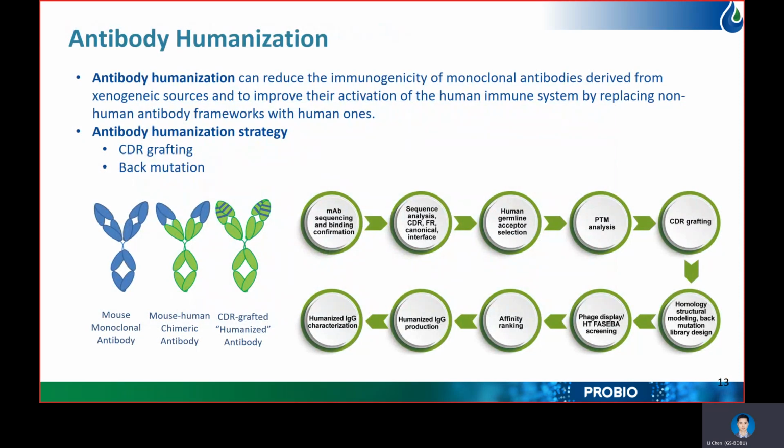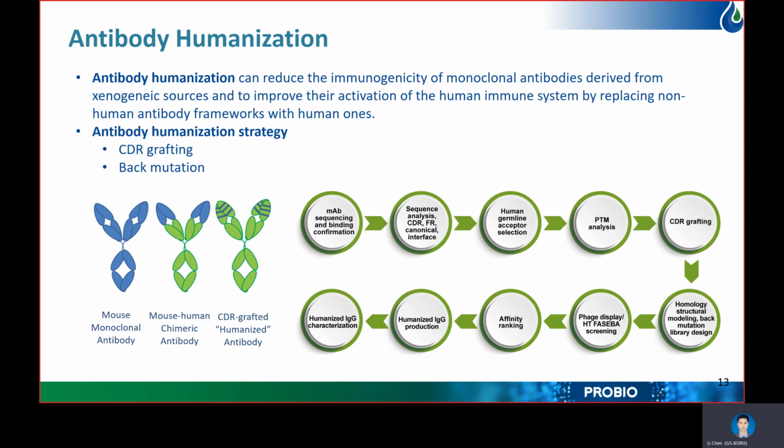For humanization, the most popular strategy is still CDR grafting plus back mutation for both single chain FV and single domain antibody. Typically, people will start with selecting a human IgG acceptor by ranking of homology.